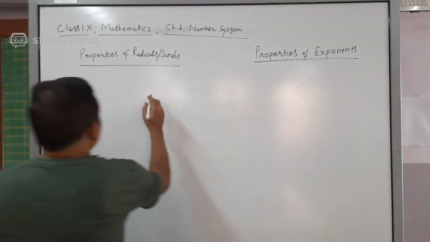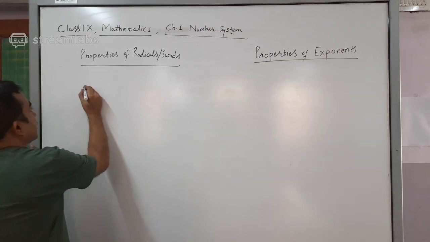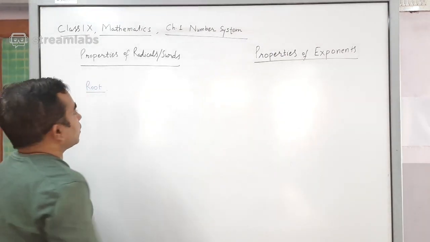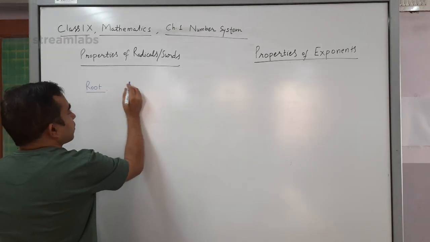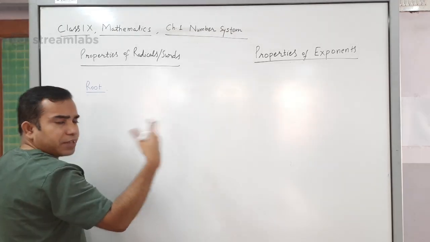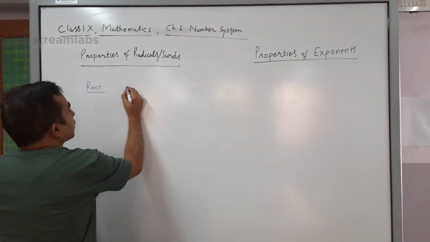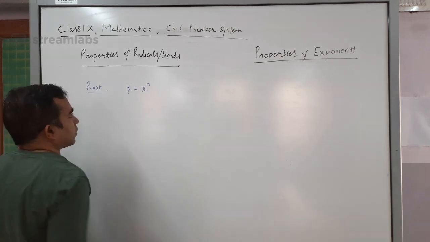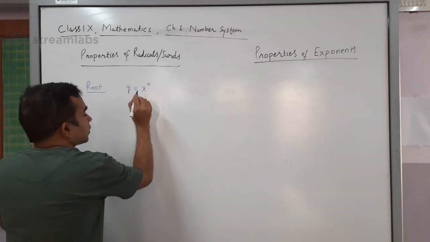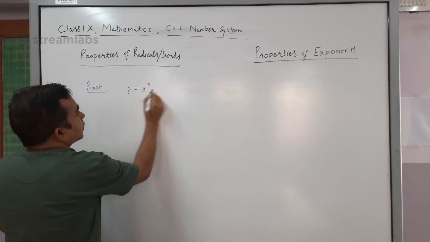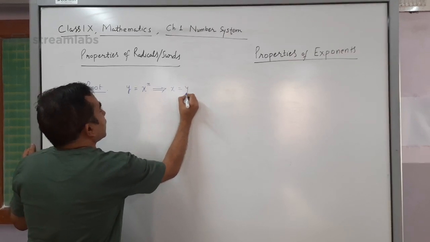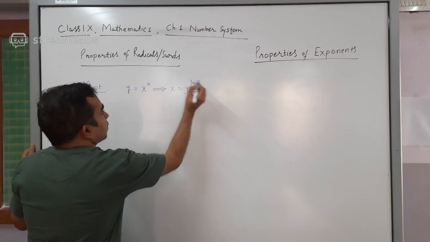So first of all, let us understand the concept of root. You have already studied the square root, cube root, etc. If we generalize it, and if I say that y is equal to x raised to power n, then this same thing we can also write in the manner x is the same as y raised to power 1 upon n.